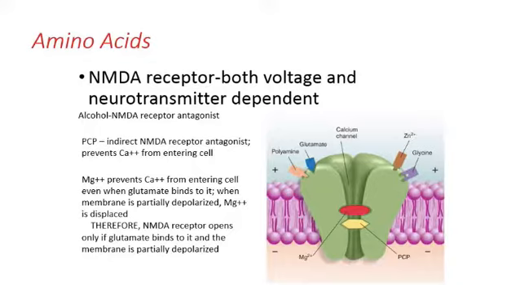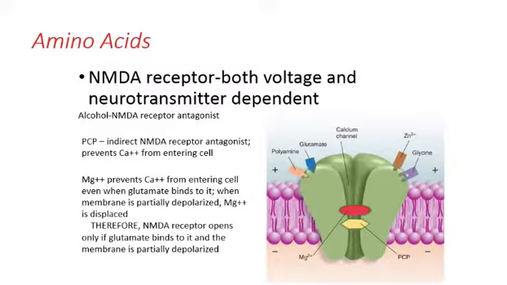Here glutamate binds to its receptor and nothing happens because that magnesium is still plugging up the works. But if the membrane is partially depolarized, that will displace the magnesium, open up the channel, and allow calcium to enter.